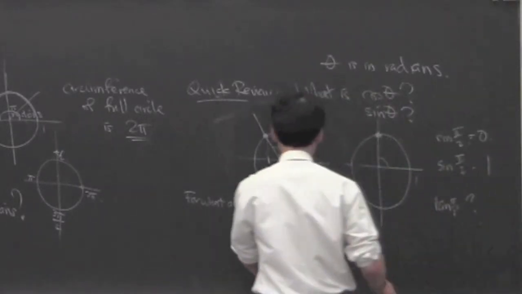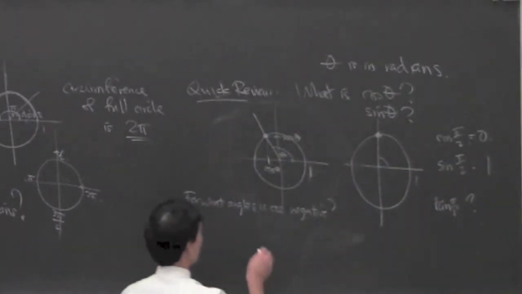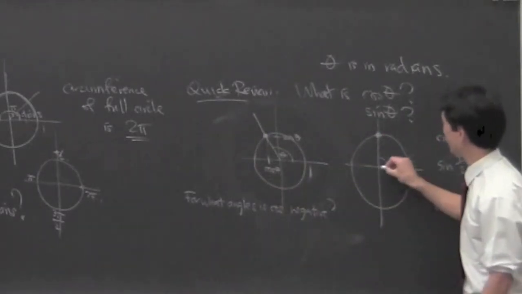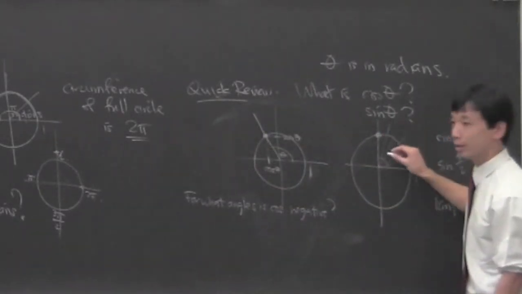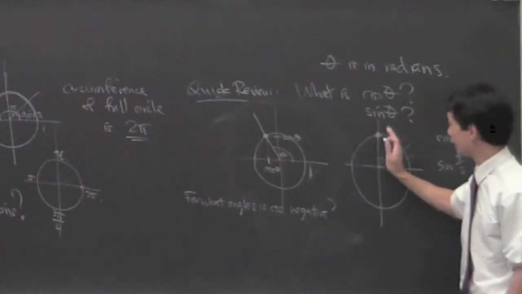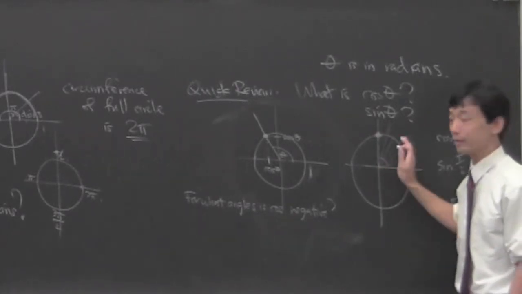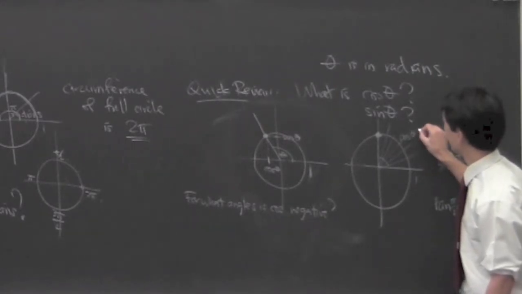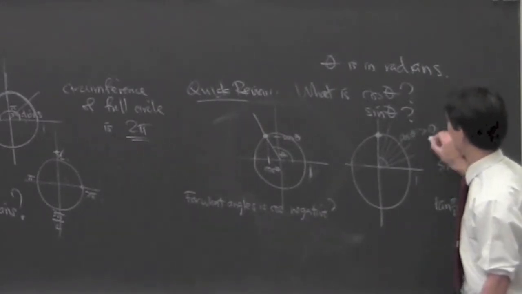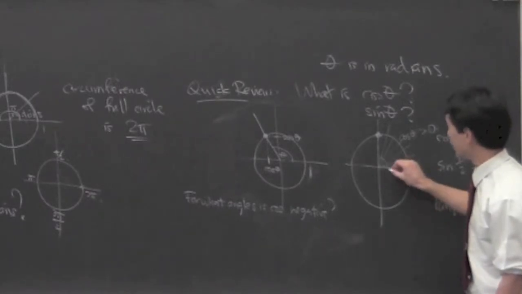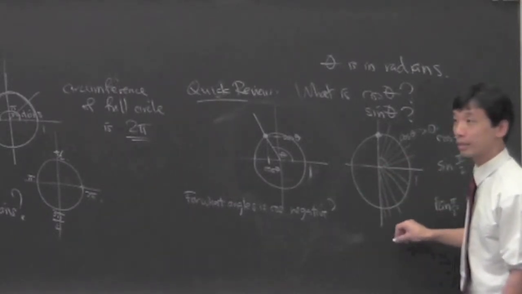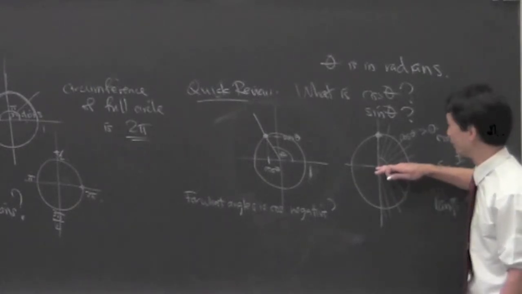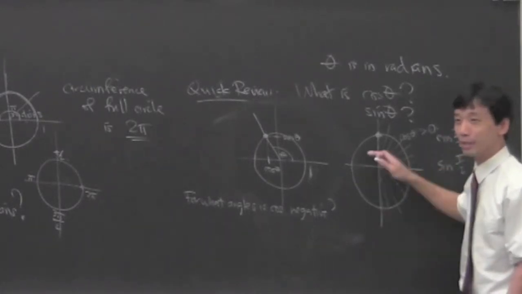Yeah, well, basically, so certainly, right, over here, when the angle is before pi over 2, all the x coordinates, and thus all the cosines, are positive. It's also positive for negative angles between 0 and negative pi over 2.